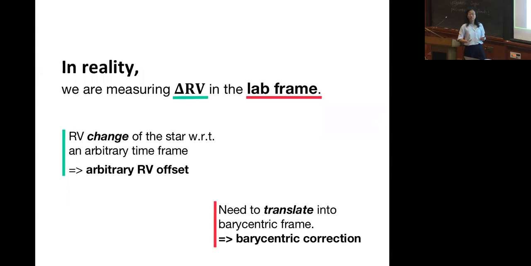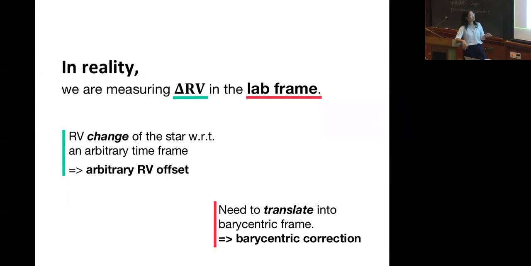Very often we're not really measuring the absolute RV of the star because you're measuring Doppler shift with respect to some reference spectrum that you either conjured up theoretically or measured. So you're measuring the delta RV with respect to some arbitrary offset. So you have this arbitrary RV offset, not necessarily the systemic velocity of the star, but you're going to have some sort of offset. And you're measuring this in the lab frame because you're taking data with your spectrograph.